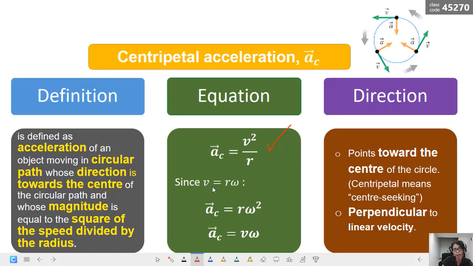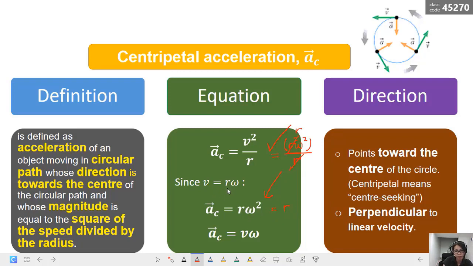Then we know that v is r omega. So if I put it in v squared, r omega squared over r, one of the r is cancelled, so I will get r omega squared. So I can calculate the centripetal acceleration by using r omega squared also. Or, r is what?